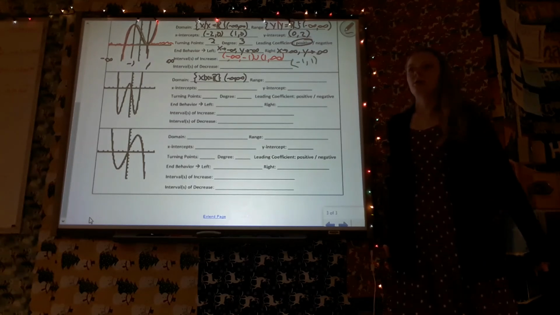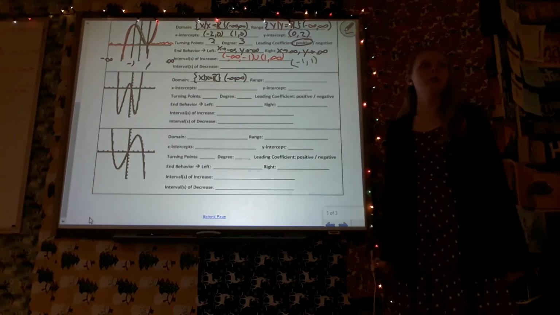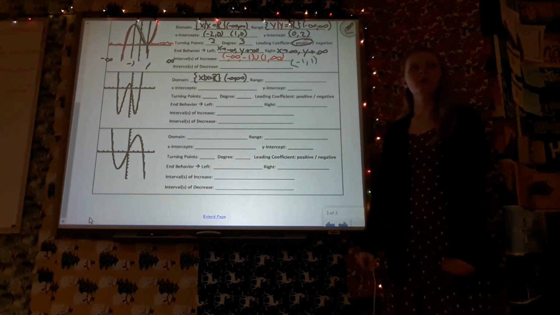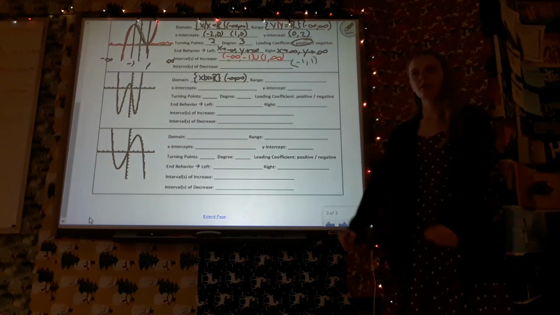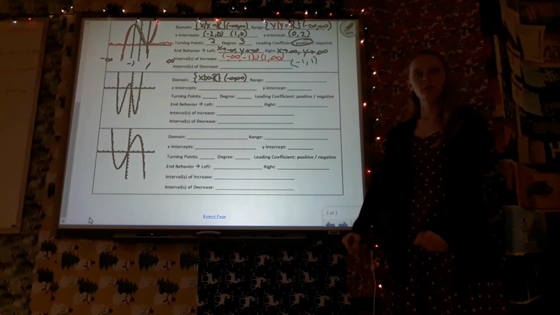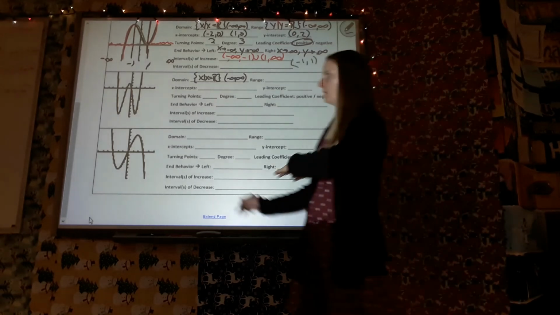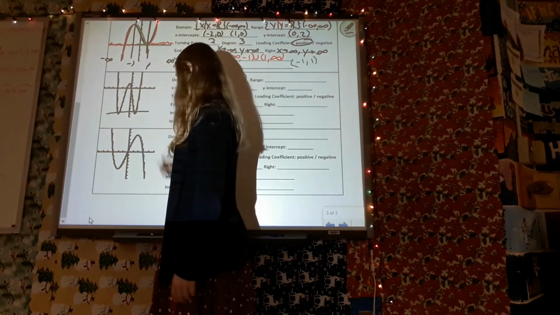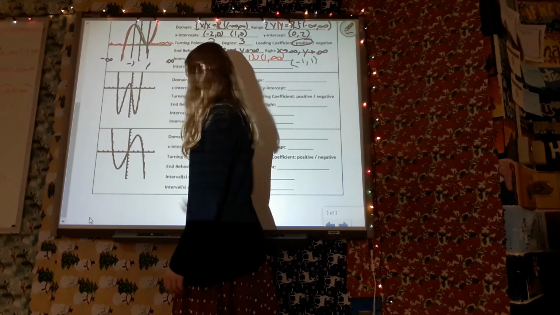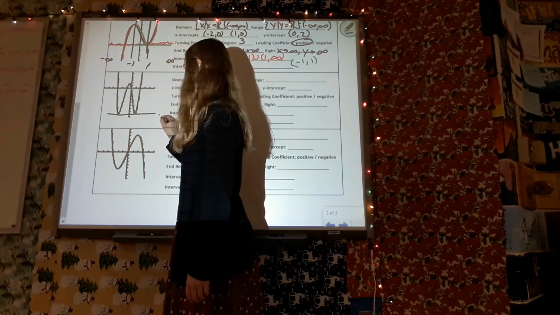And then what about my range? Is that all real numbers like the other one? Does it go down and up forever? No. Okay, so what's the lowest number that you see? It's cut off right here. Imagine that's kind of where it stops. There we go. That's at negative 9.